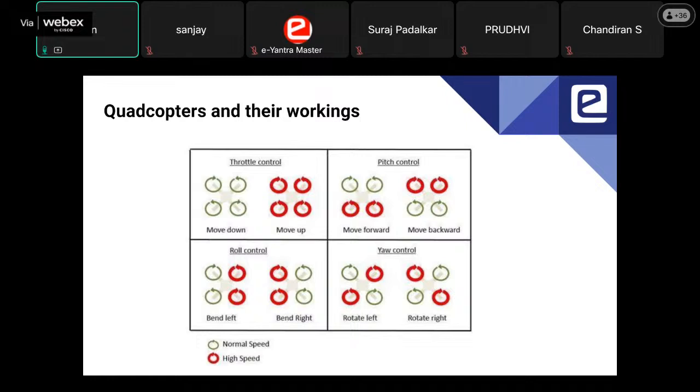Before that, we talked about roll, pitch, and yaw: throttle is a linear motion, while roll, pitch, and yaw are rotational motions. Now let's see how we can achieve roll, pitch, and yaw, and then I will demonstrate how roll, pitch, and yaw look.